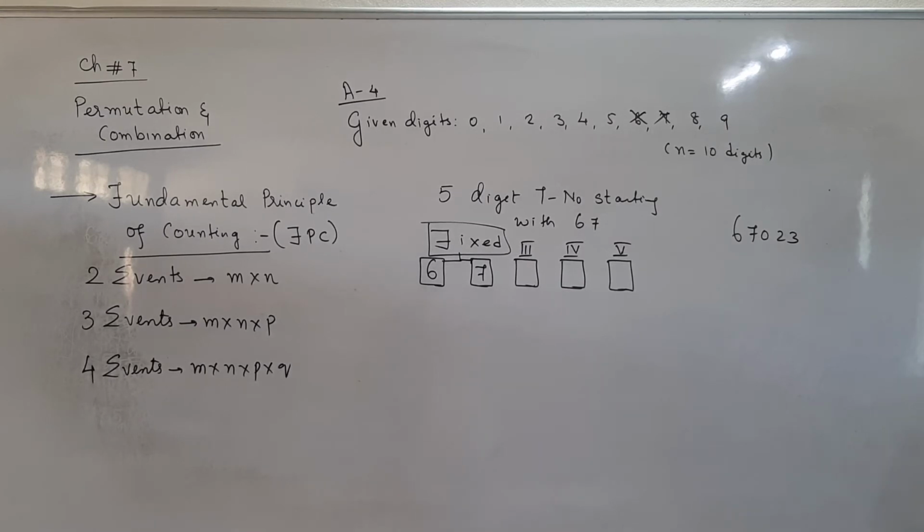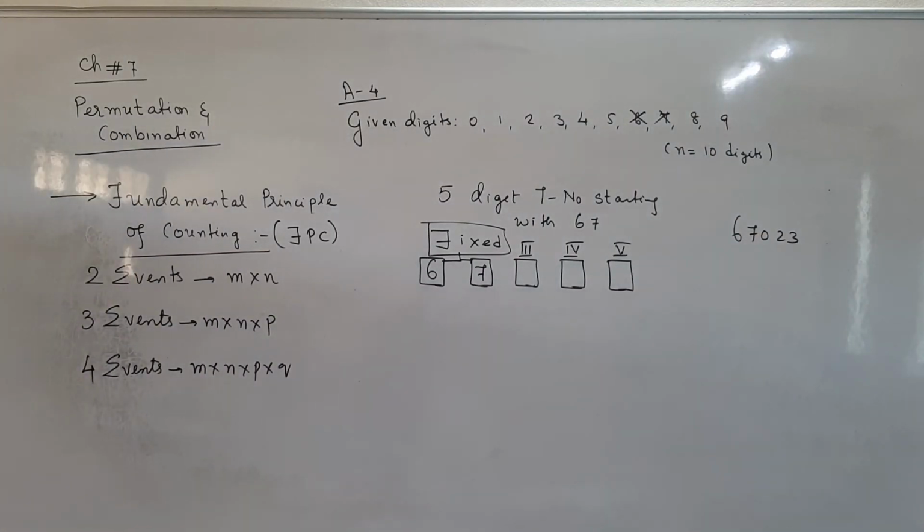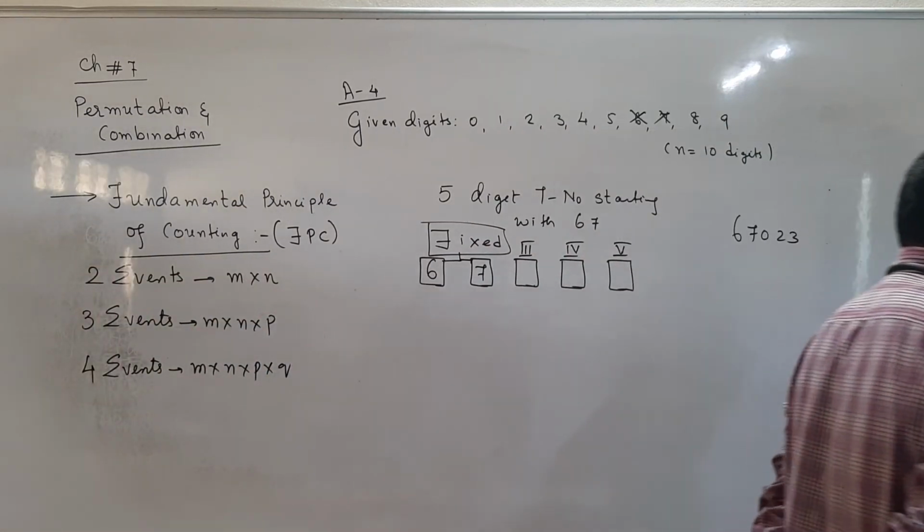What is the condition given and what is told, students? The digits are not repeated. That we have to carefully understand.